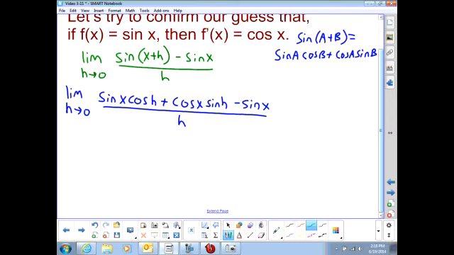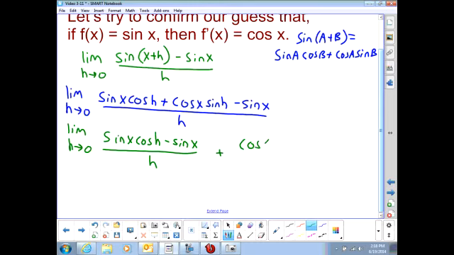So what we're going to do is split this up into separate parts. We're going to rewrite this as the limit as h approaches 0 of sine x cos h, and then we'll take the minus sine x and put it all over h. And then we'll take the middle part and do that separately, plus cos x sine h all over h.